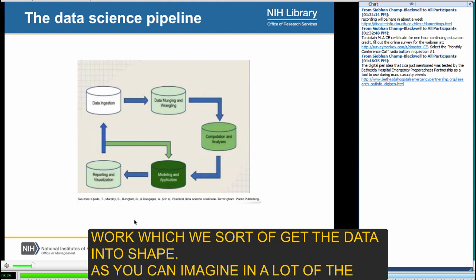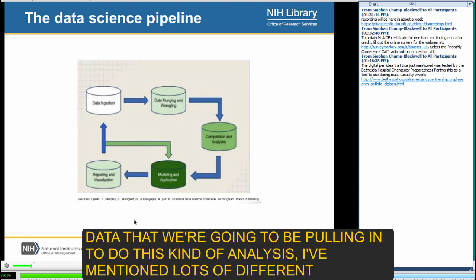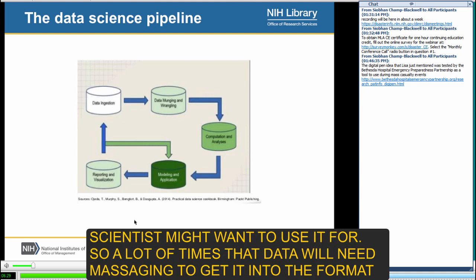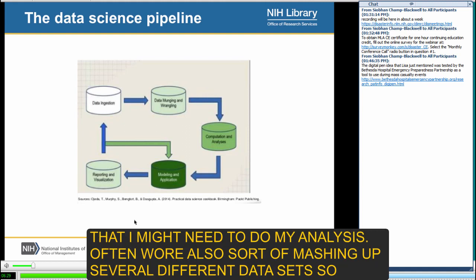As you can imagine, a lot of the data we're going to be pulling in, from lots of different sources, the web, people's iPhones, different sensors, was collected for an original purpose that isn't necessarily the same purpose as what I, a data scientist, might want to use it for. And so a lot of times that data will need some sort of massaging to get it into the format that I need to do my analysis.